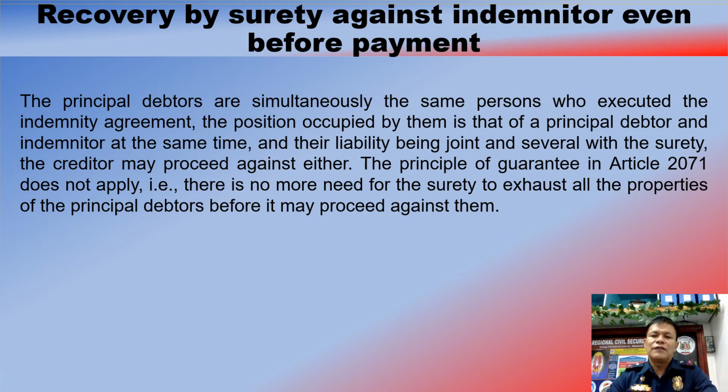The principle of guarantee in Article 2071 does not apply. That is, there is no more need for the surety to exhaust all the properties of the principal debtors before it may proceed against them.